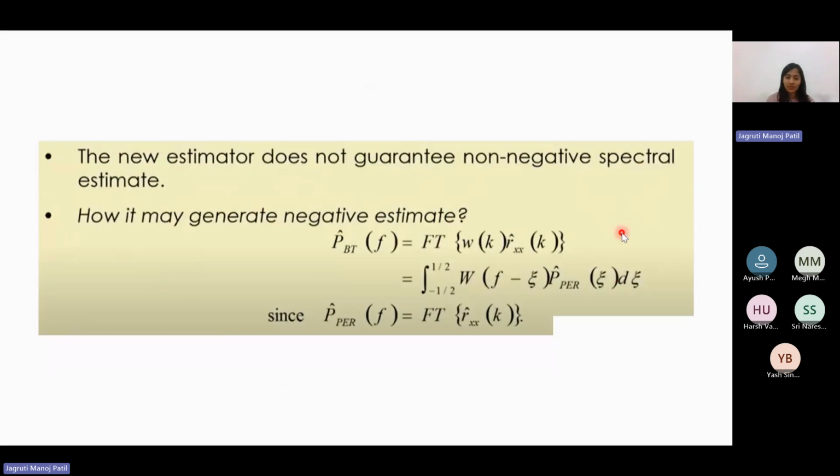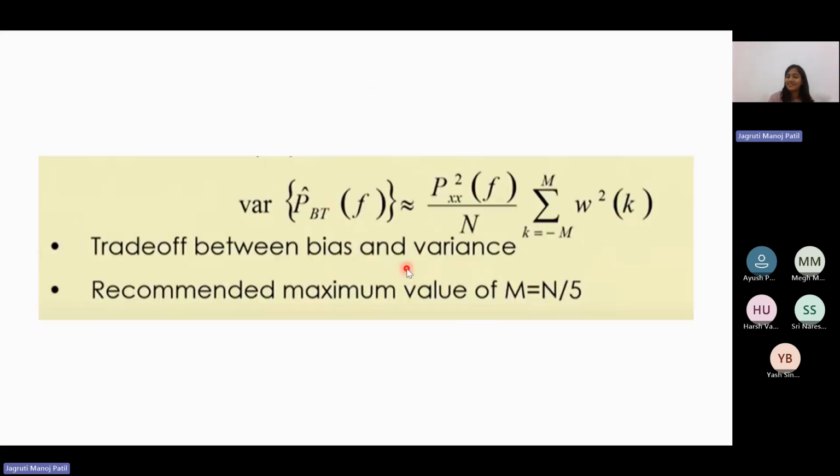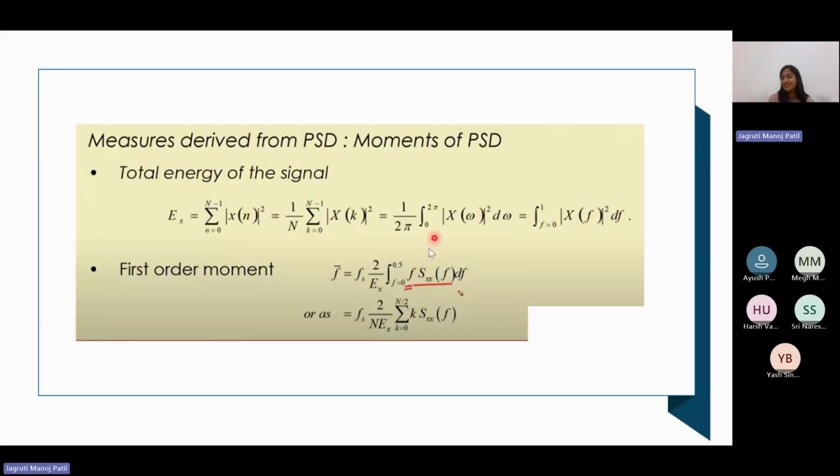The negative 1 by 2 to 1 by 2 over here was in f. Now if it had to be in angular frequency, the terms would vary. That's the only hint I can give you for now. So ma'am, the limit will be from 0 to pi only. Up to you. What do you think?